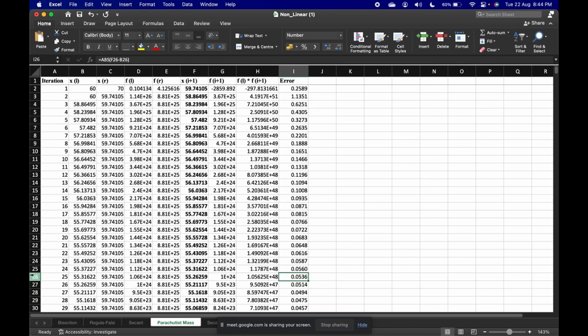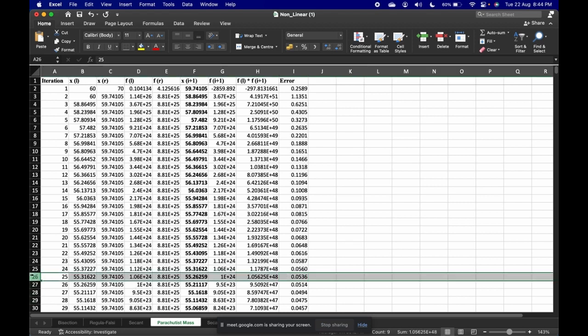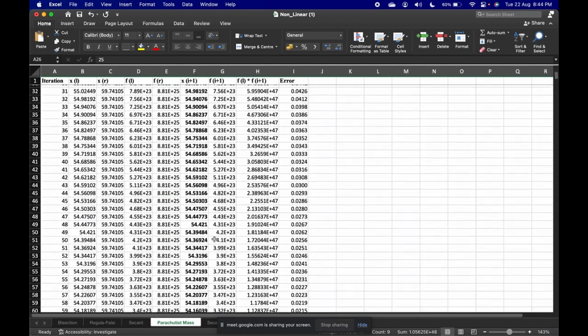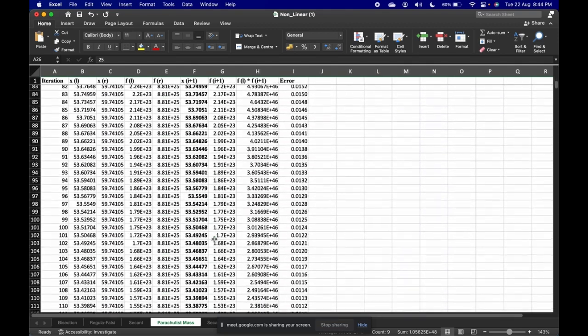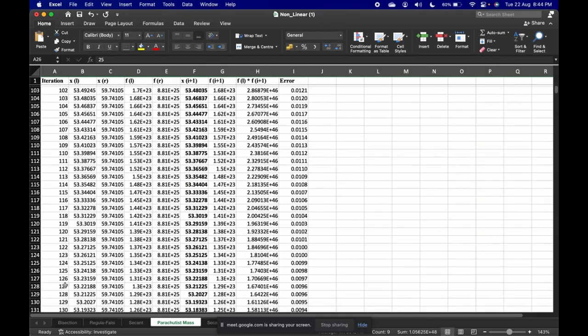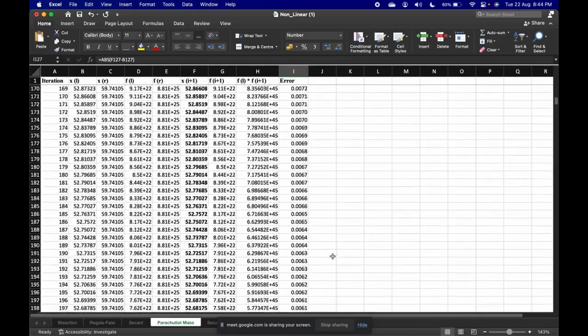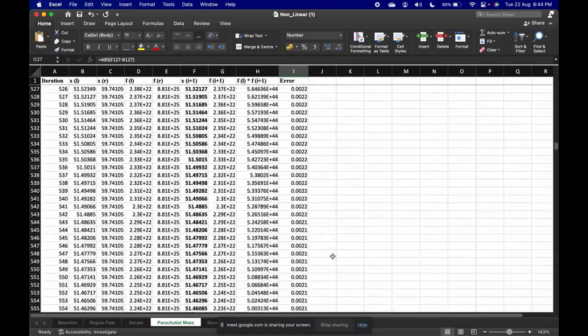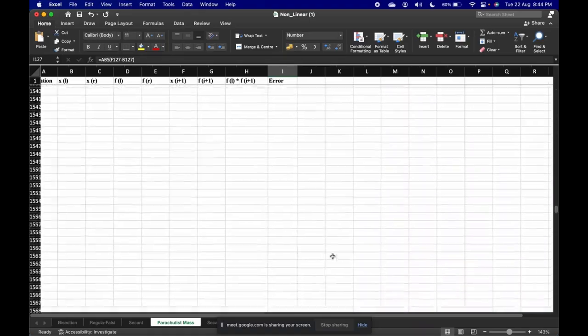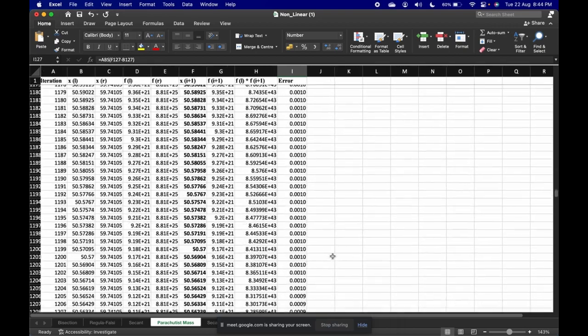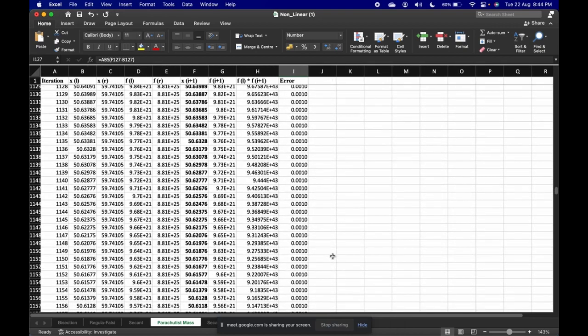We wanted 0.1% or below 10 raised to minus 3. Even at the 126th iteration, it is going into 10 raised to minus 2, and if you want to go to 10 raised to minus 3, we might have to go till the 1000th iteration.